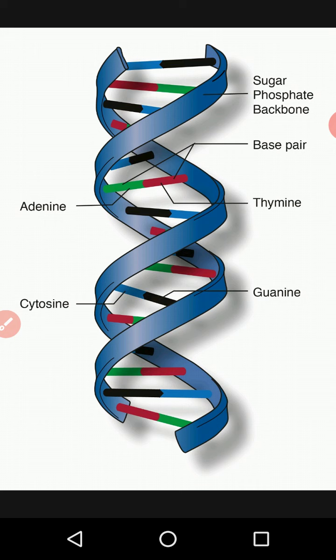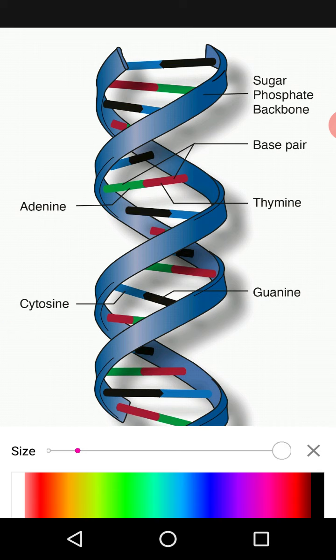Now, as you know, the structure of DNA is made up of a double helix. This is one helix, this is another helix, and these helices are ribbon-like structures. Because of the double helix it is called DNA.